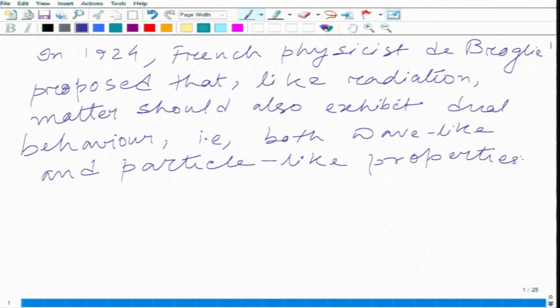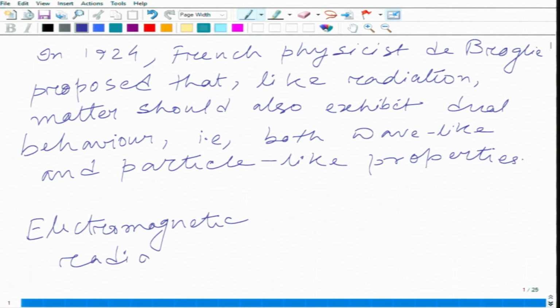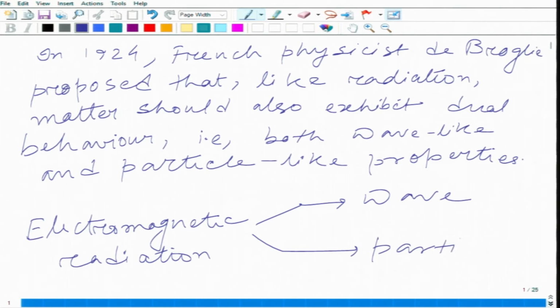Till now, we had read that electromagnetic radiation has two kinds of properties. One is like wave and one is like particle.